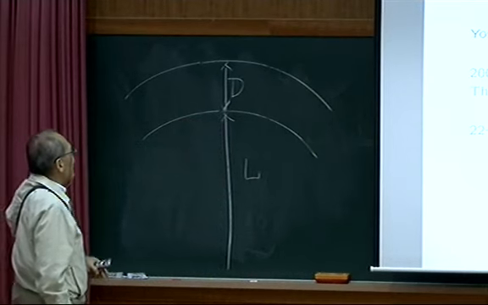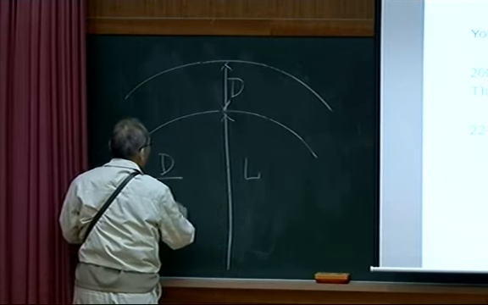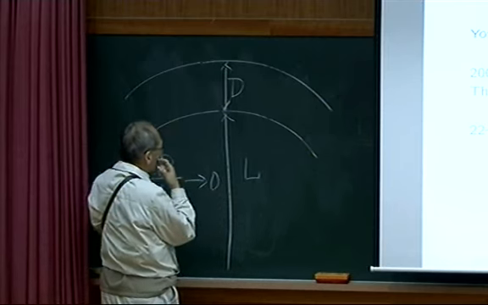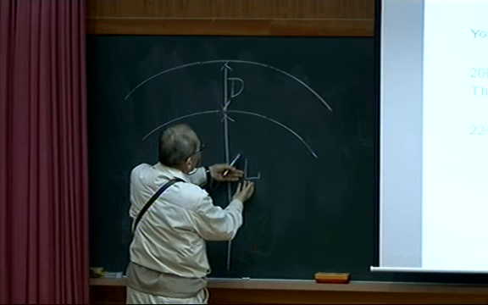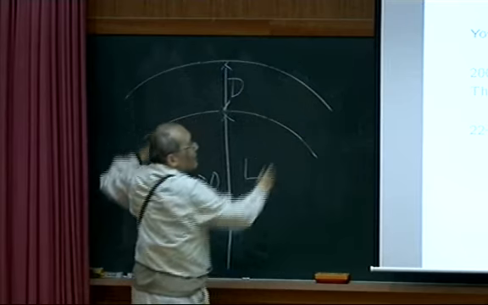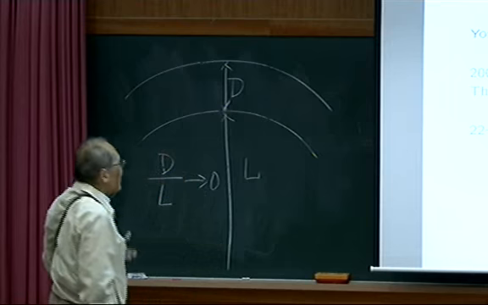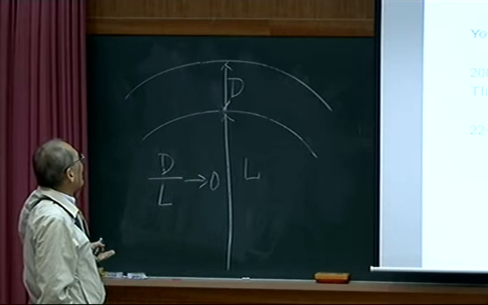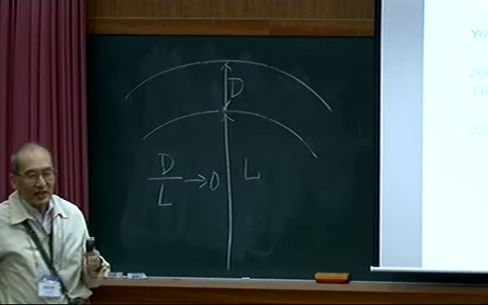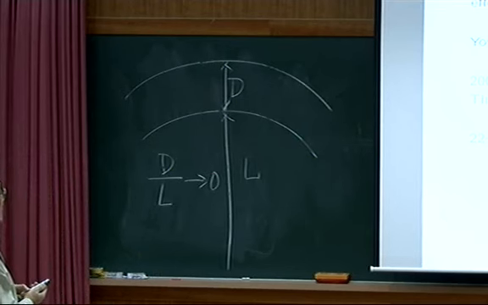If we take d over L going to 0, the curvature goes to 0, the cylinder radius becomes infinite, and they become flat, two parallel plates. We consider that case. Depending on the speed at which the curvature goes to 0 and the Knudsen number goes to 0, the result is different, and there is a very important result from that.